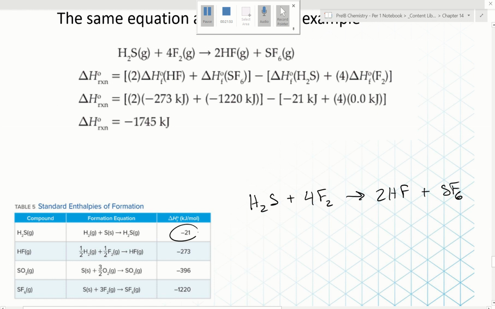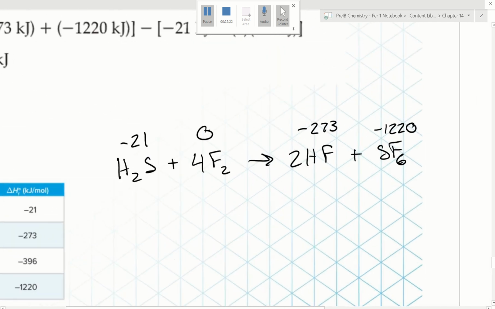So H2S, its enthalpy of formation is -21. The enthalpy of formation of fluorine, which is an element, is 0. Remember that the enthalpy of formation of an element is just 0. HF, its enthalpy of formation is -273, and SF6 is -1220. All right, so now I've got my enthalpies of formation on my equation.